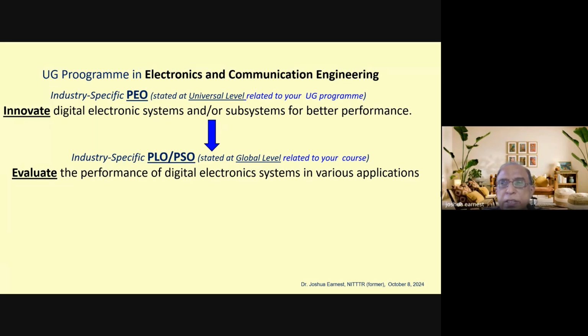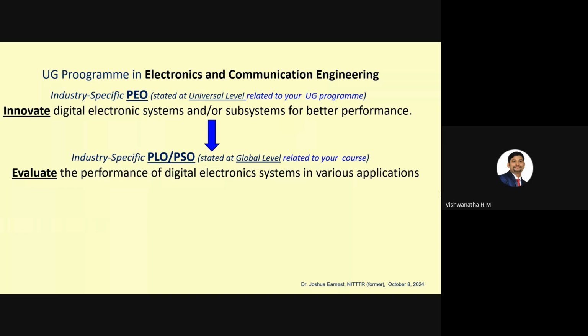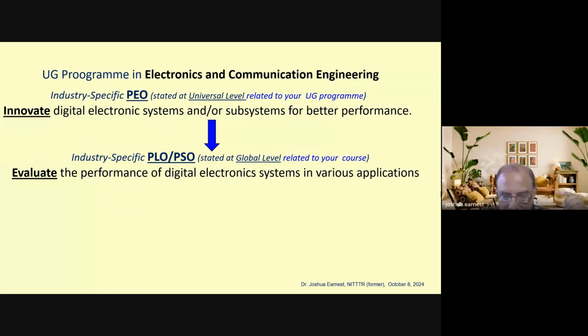The PSO is at the global level, not just DSP but for the whole group of courses in electronics and telecommunications: evaluate the performance of digital electronic systems in various applications.